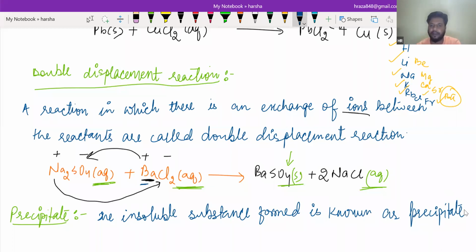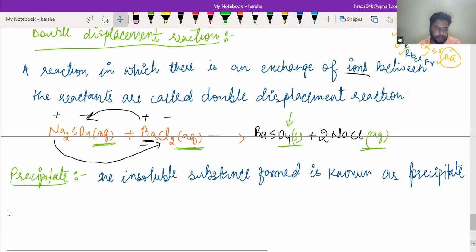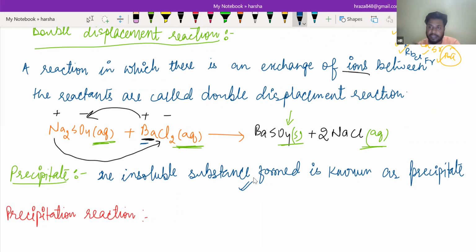Now I am going to introduce another term, precipitation reaction. Whenever an insoluble substance is formed in a reaction, that reaction is called a precipitation reaction.